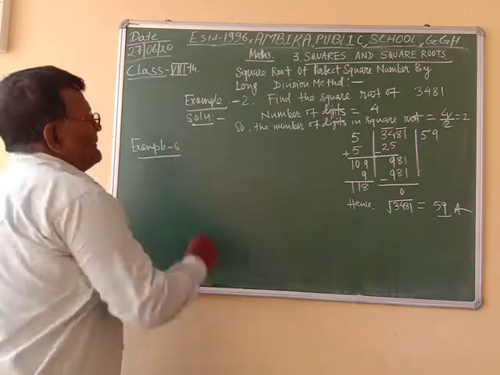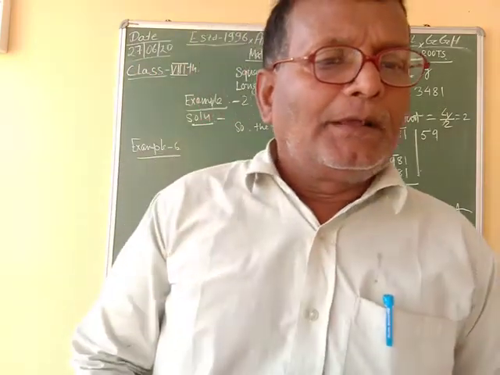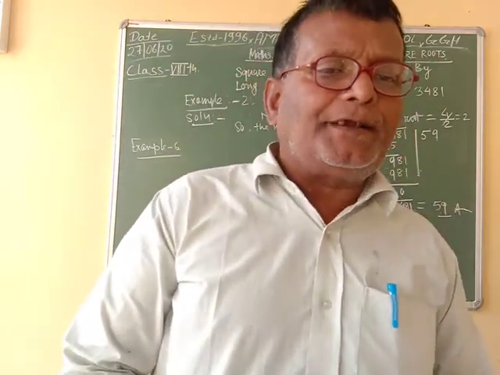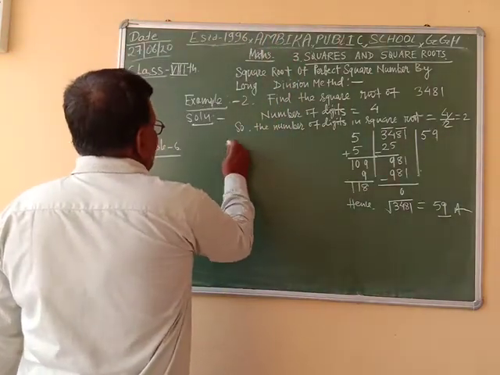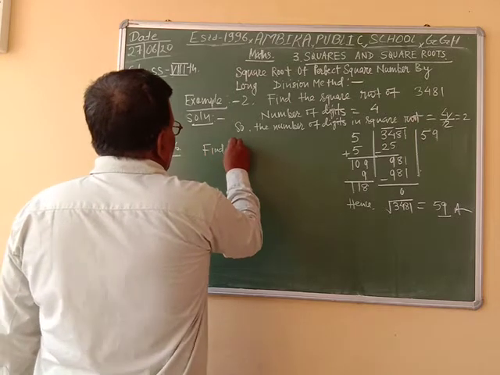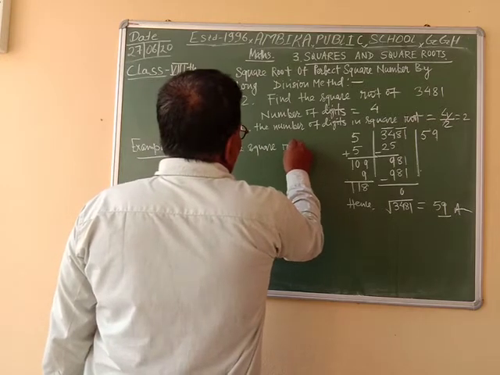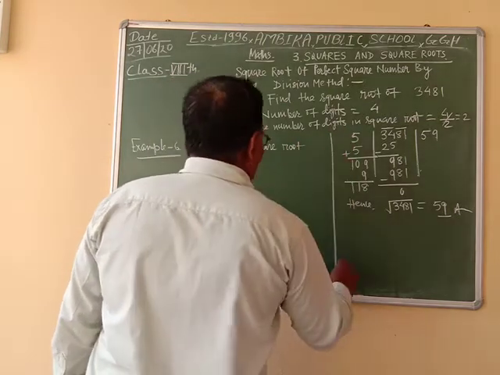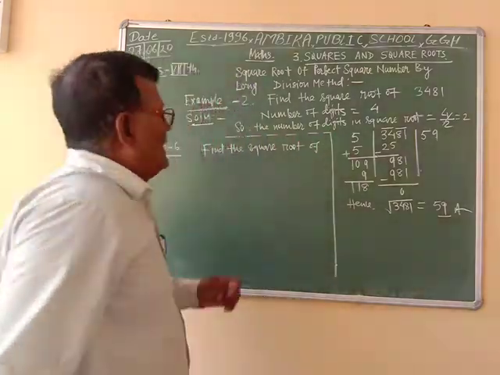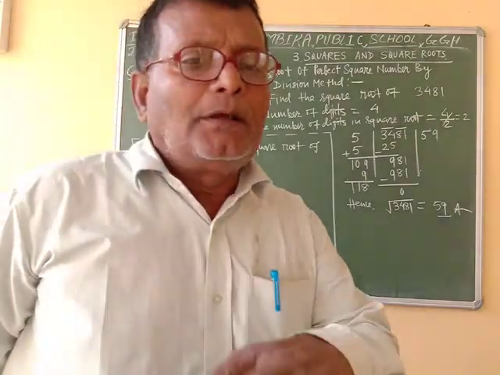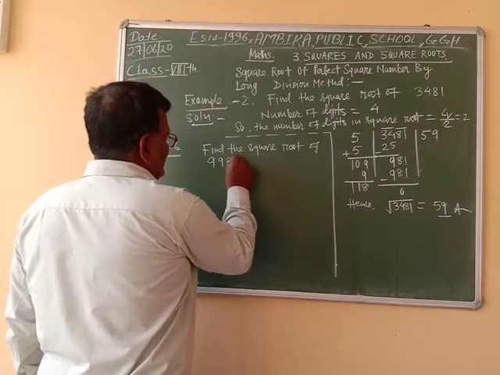Example 6. Find the square root of 99,856.